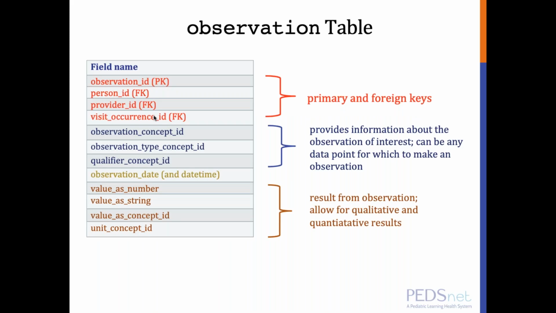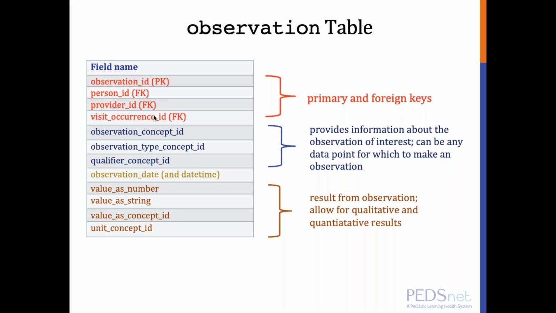It's set up so that the primary key is the observation, whatever that instance of the observation, and then it has foreign keys to person, provider, and visit, if applicable. And then the observation concept ID is whatever you're measuring. So it could be birth weight, it could be smoking status, or something like that. The observation type concept ID and qualifier concept ID are metadata fields around that.